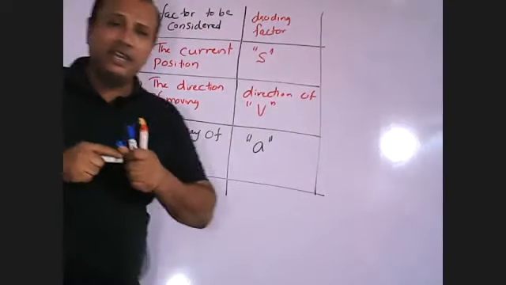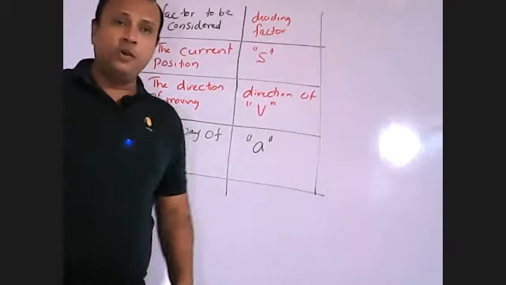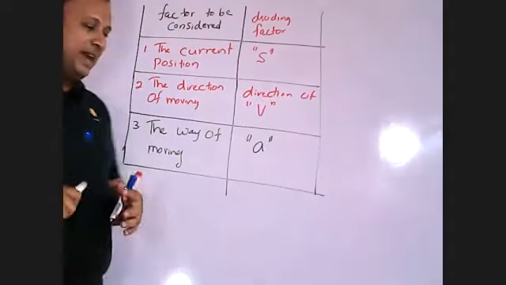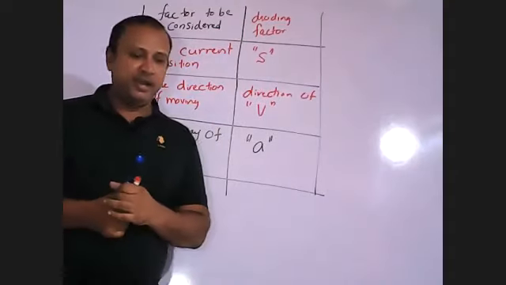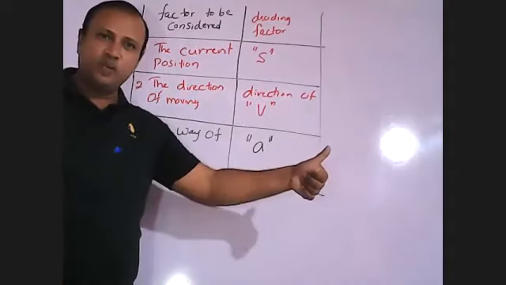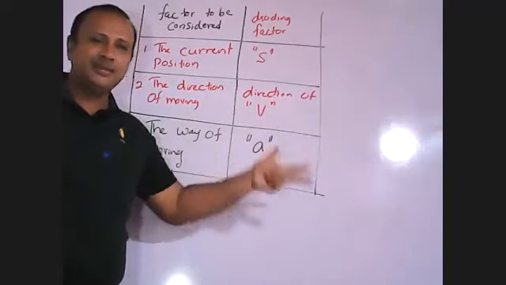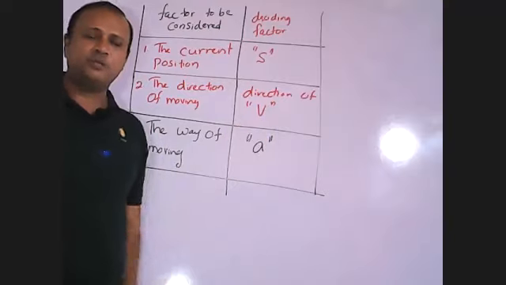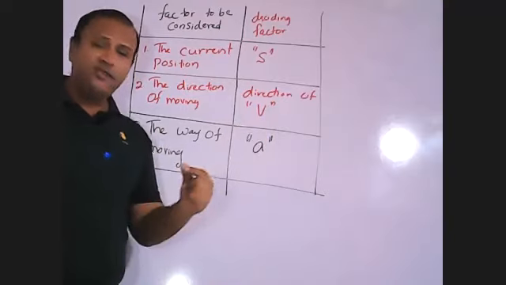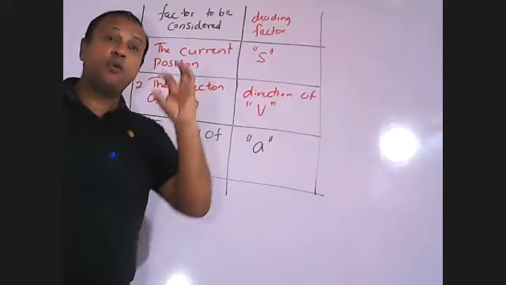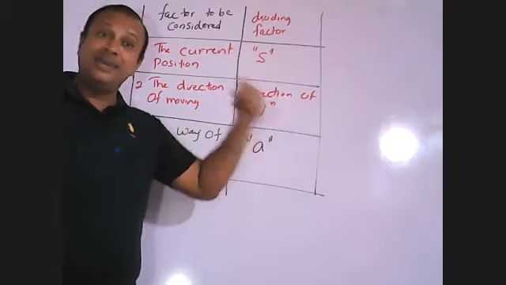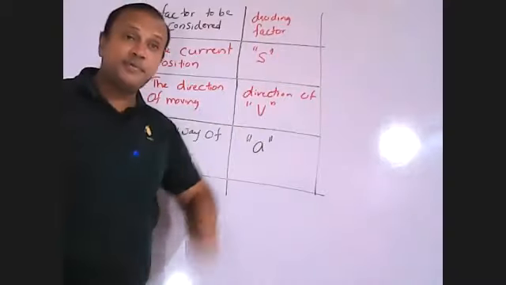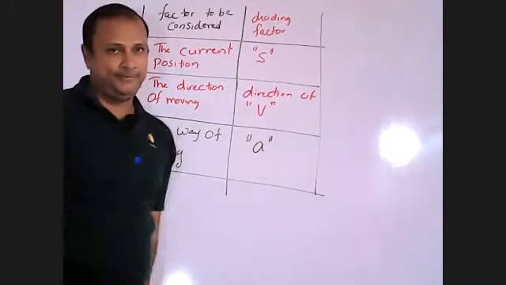Finally, we can conclude that when we are describing a linear motion, we have to determine the displacement, velocity, and acceleration. Those are the only three factors. If an object has a positive displacement, the object is on the positive side.